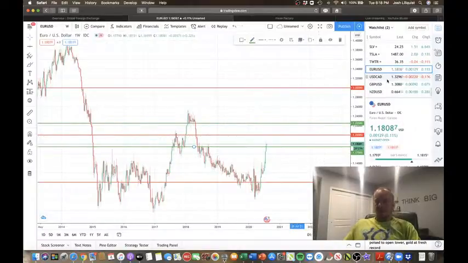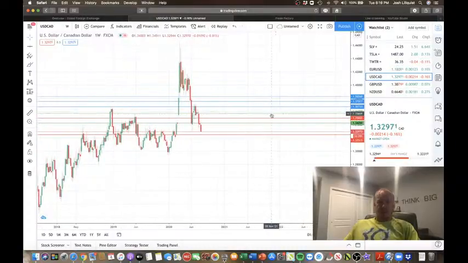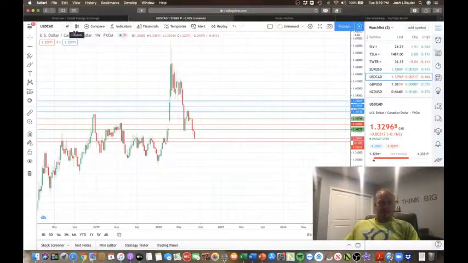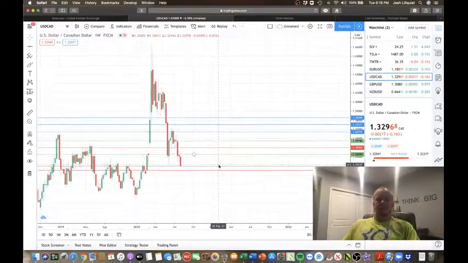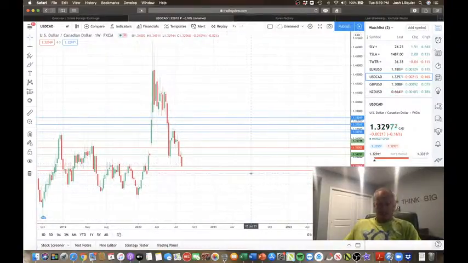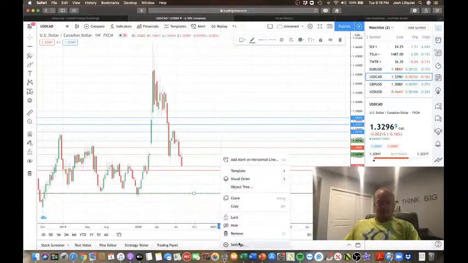Yesterday we talked about the dollar CAD running that short, and we had a really good run down today, down to $1.32. We're shooting for that $1.30 mark, which would be right about here, so we have a little ways to go. Let's build this out. $1.30, let's put that red.